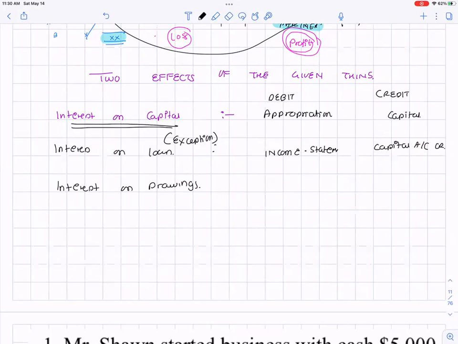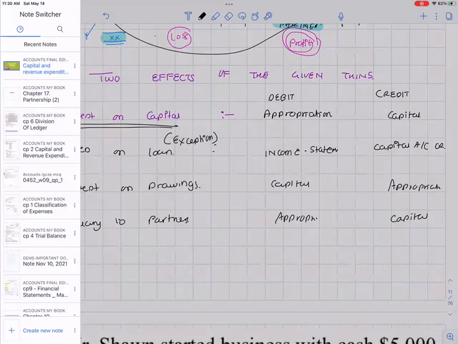For interest on drawings: capital account debit, appropriation credit. Very good. Two effects for salary to partners: capital credit, appropriation account debit. Okay, very good. So let's go to the MCQ.